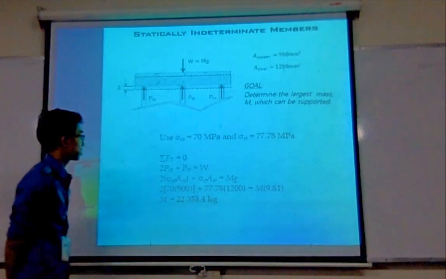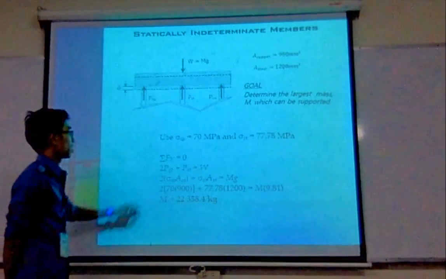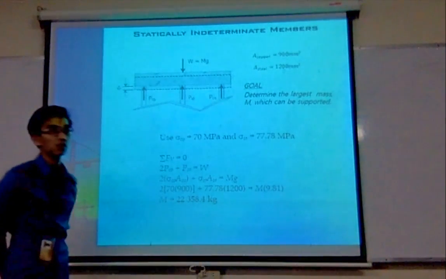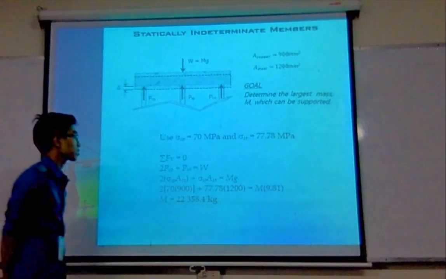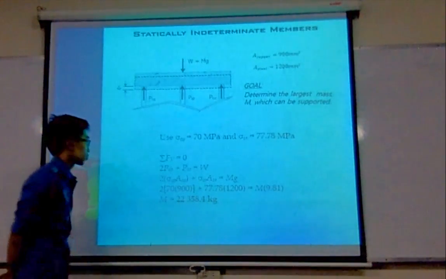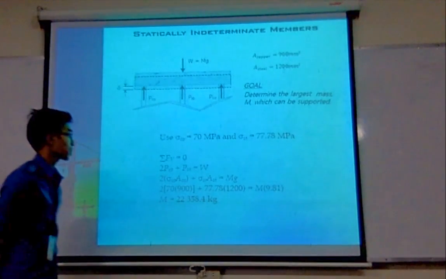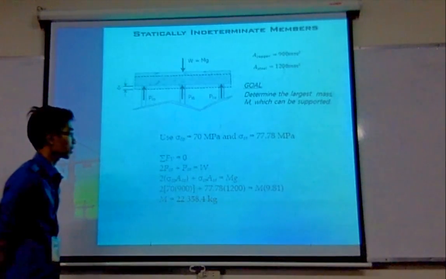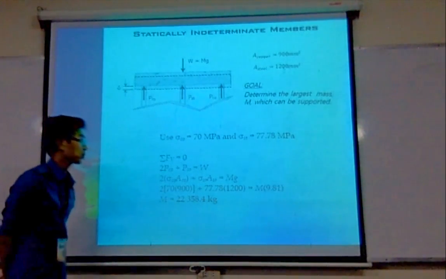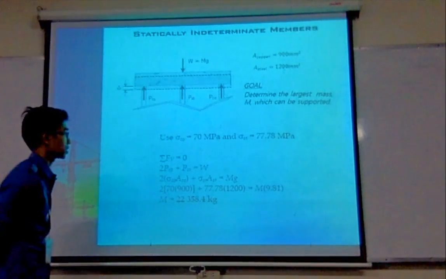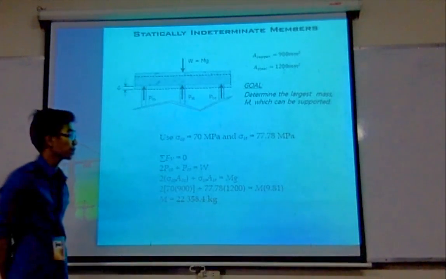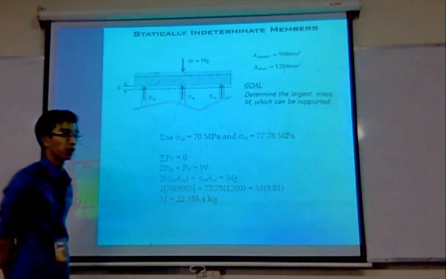We know that force is equal to stress times area, so 2 times the product of stress and area of copper plus the product of stress and area of the steel is equal to mass times gravitational acceleration, which is the weight.